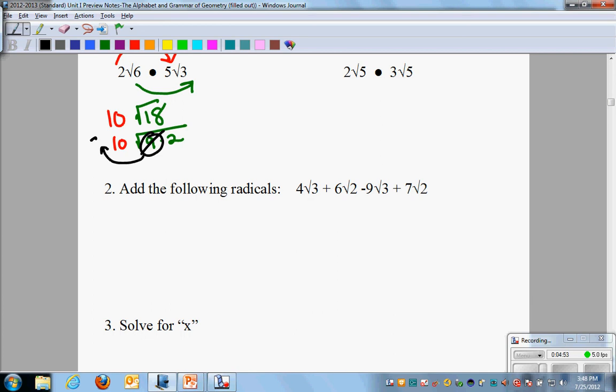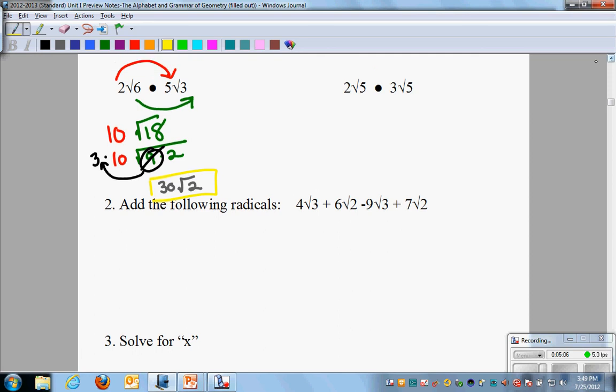It has a change of heart. So the final answer is going to be 3 times 10, which is 30, root 2. Hit pause and try this one on your own and then check your answer.